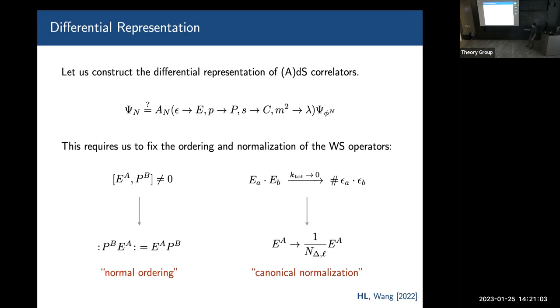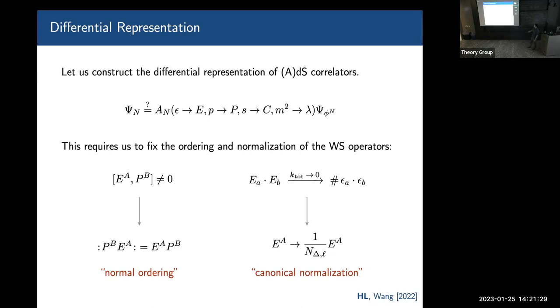So physically, what we're doing is to first activate all the scalar operators of the scalar seed and then raise the spin at the very last step. We define this procedure to be a normal ordering procedure denoted by these colons. Another thing we have to do is to properly normalize these spin-shifting operators.